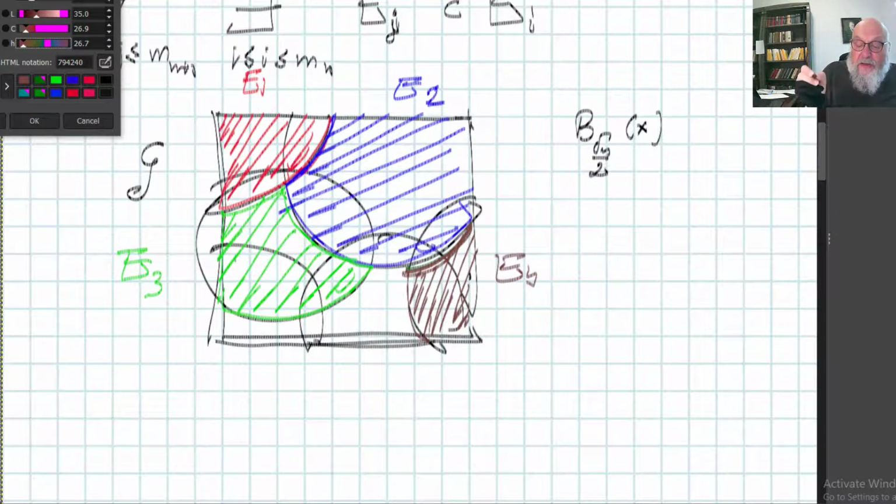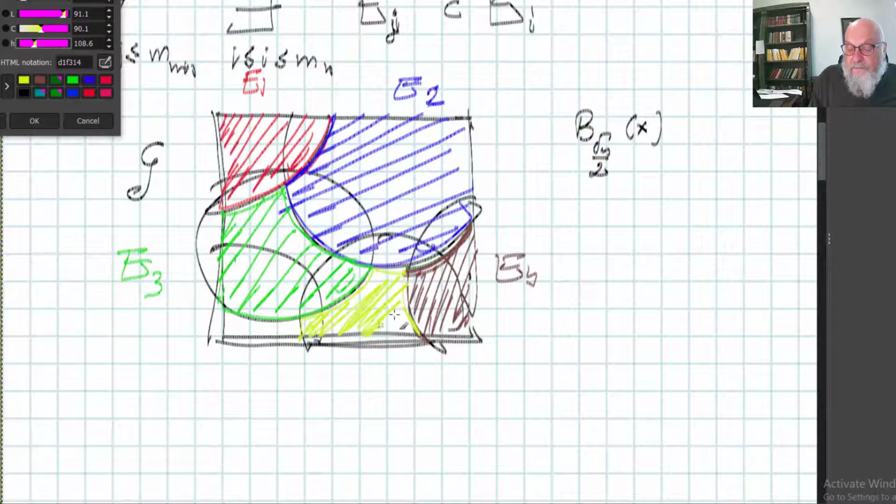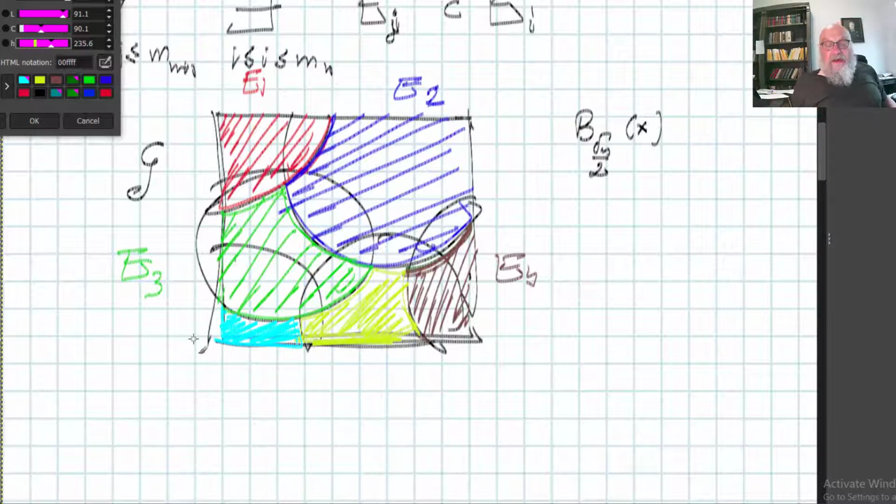And you continue like this. If you continue, that one will be the next one, and finally the last one. And we got all the sets.